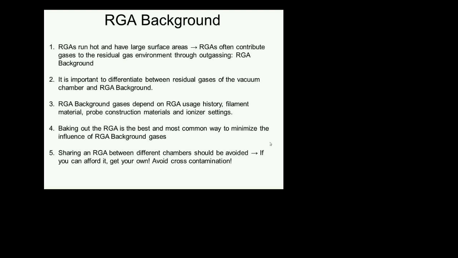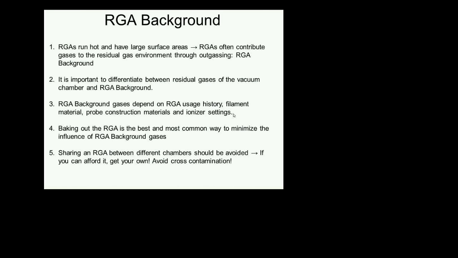The other thing that is important to realize is that outgassing from the RGA itself will depend on the usage history of the RGA, the filament material that you use, the materials used to construct the probe, and even the ionizer settings.